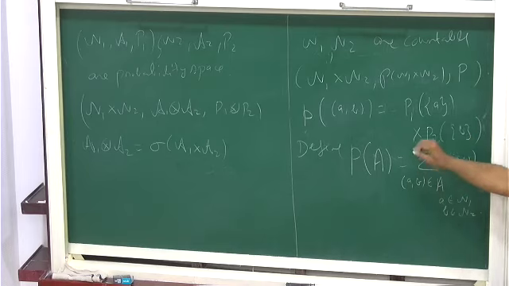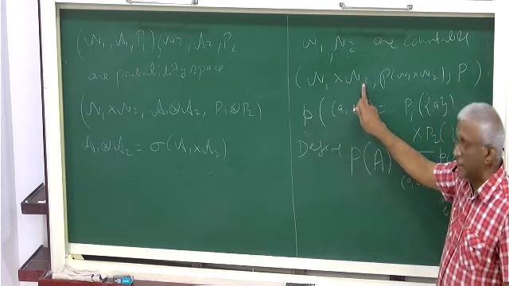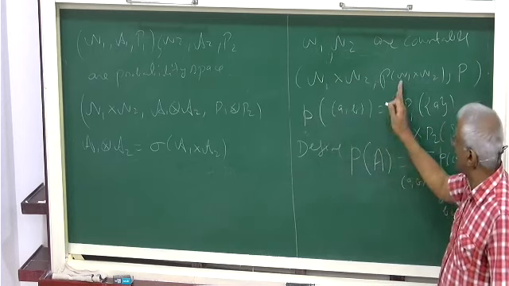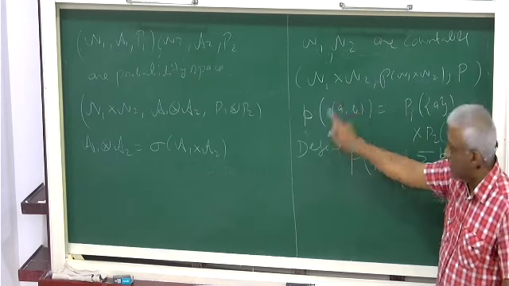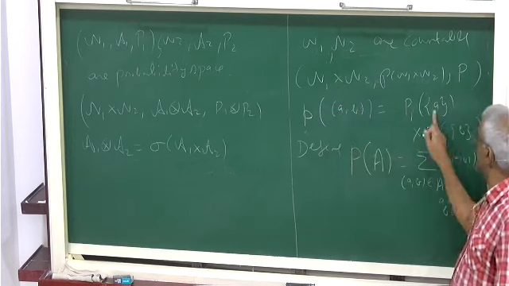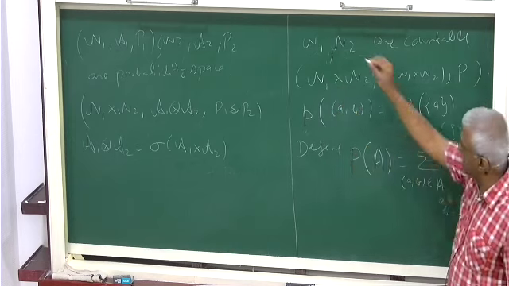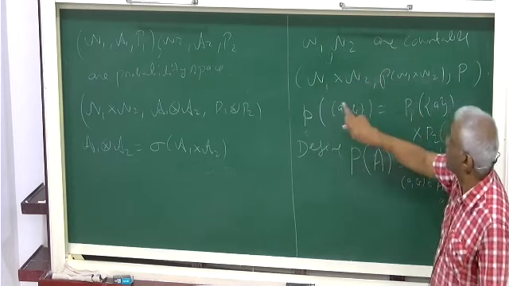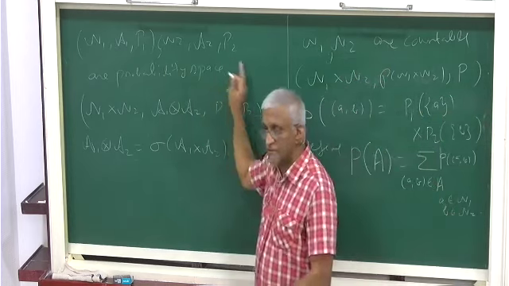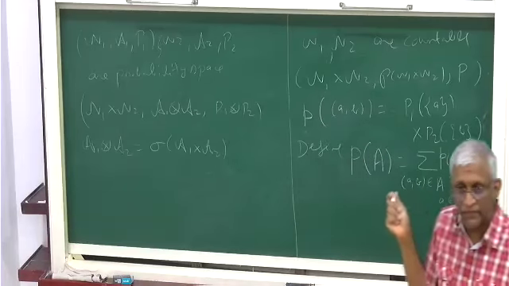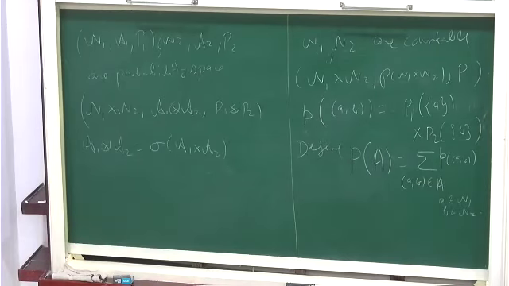This is trivial, no? You have omega 1, which is countable, omega 2, which is countable. You take any subset of this, and define the point mass to be just this. Because P1 is defined through point mass, P2 is defined through point mass. Discrete probability of a singleton set: we define, no?